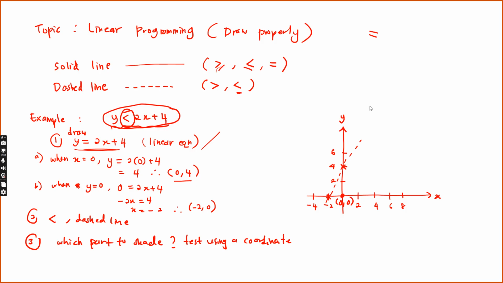First of all, because we want to use 0, 0 as our testing point, you will substitute 0, 0, which is x and y equal to 0, to do testing on the equation itself. We substitute 0, 0 into the left hand side and right hand side.